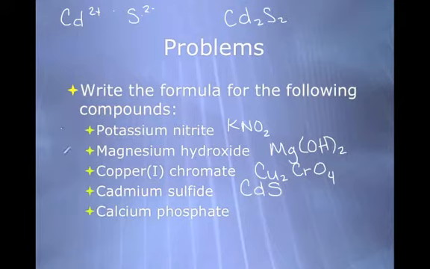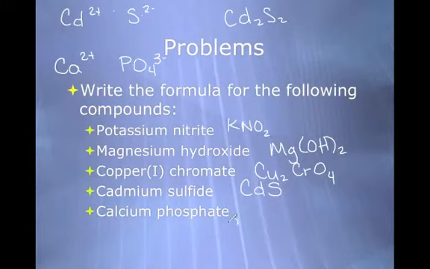And last one here. Calcium is Ca with what charge? 2+. And phosphate? 3-. Multiply the first one by 3, second one by 2. Right, we'll get a 6+ and a 6- charge.